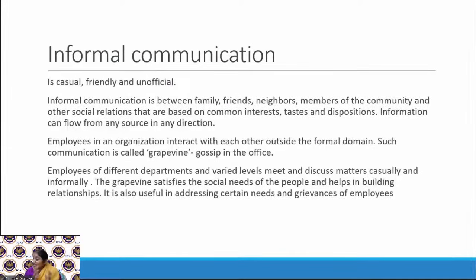Informal communication. What is informal communication? Generally, when we say informal communication, it means communication between friends and relatives. Communication between people whom they already know.